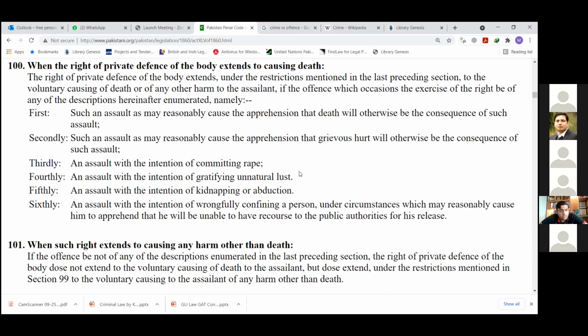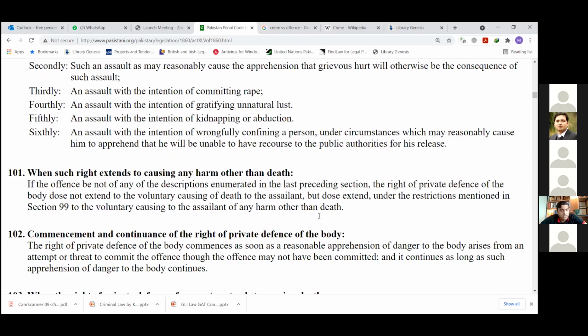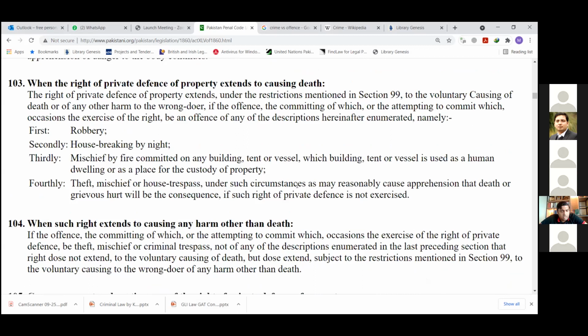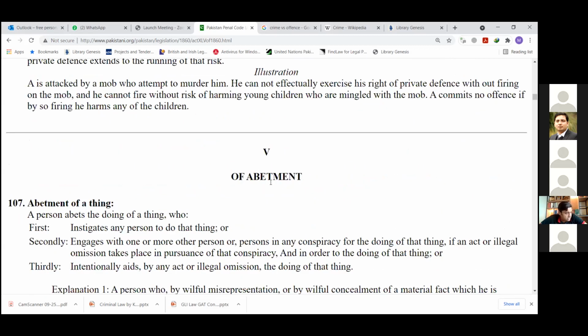Thirdly, intention of committing rape. Fourthly, gratifying unnatural lust. Fifthly, kidnapping. Or sixthly, intention of wrongfully confining a person with an apprehension that the person will not be able to have recourse to legal authorities. Similarly, other limitations are also defined by the other sections.